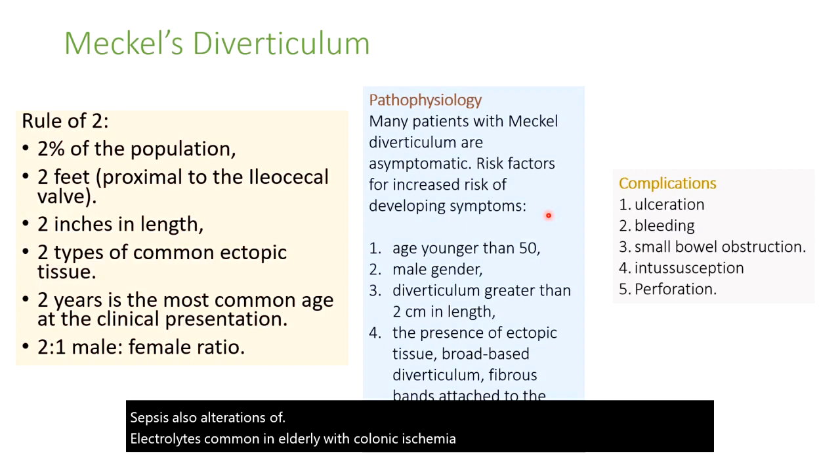Another famous diverticulum that's also congenital and very common, in patients of 2 years, male patients, 2-to-1 is the ratio, is Meckel's diverticulum. Meckel's diverticulum not only occurs in children, it can occur in patients younger than 50.